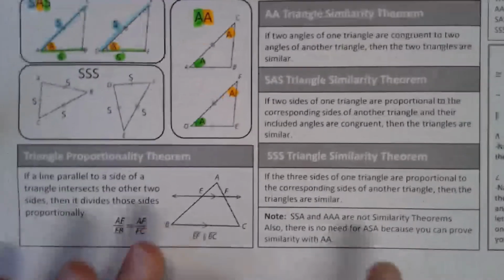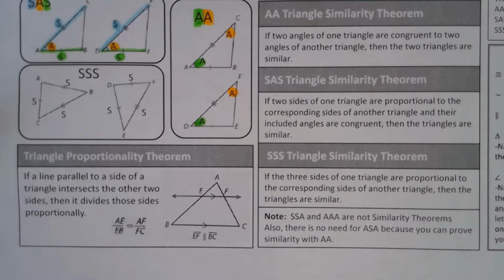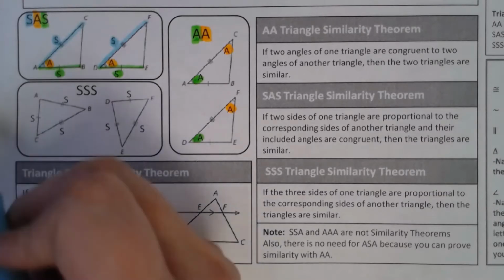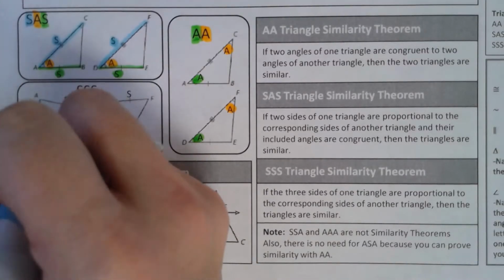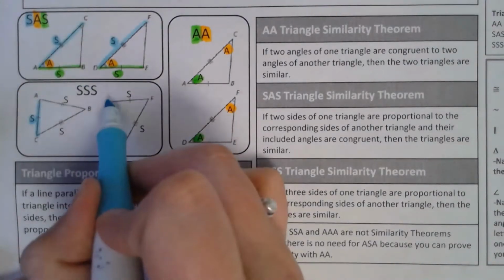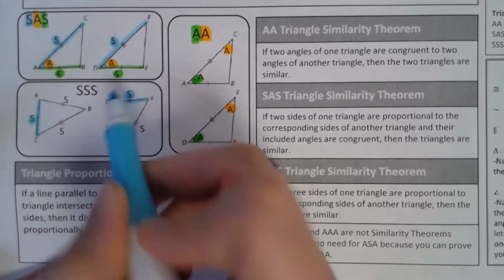Let's look at the other theorem that we have, side-side-side. If three sides of one triangle are proportional to the corresponding sides of another triangle, then the triangles will be similar. So we actually don't need any angles in this case. We would have a side with 1 marking that corresponds to the side with 1 marking.